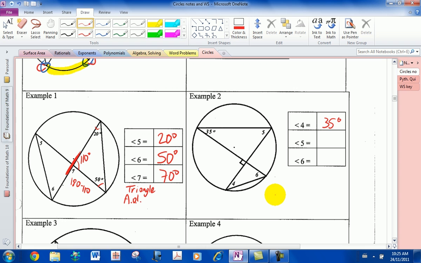Can you figure out the top triangle? We know this is 35 degrees. What's this angle over here? Yeah, it's got to be 90 degrees because the other side's 90. So it's got to be 180 minus 90. Use your triangle rule now for angle 5.